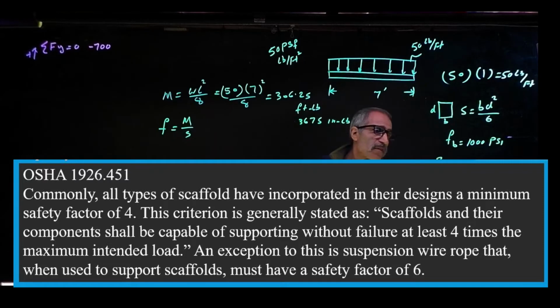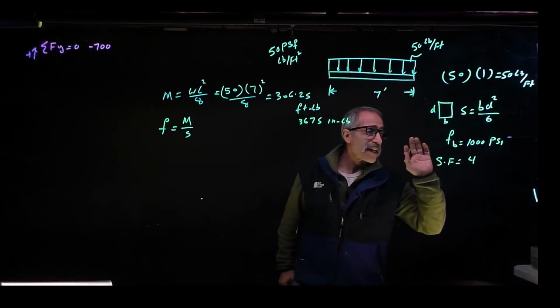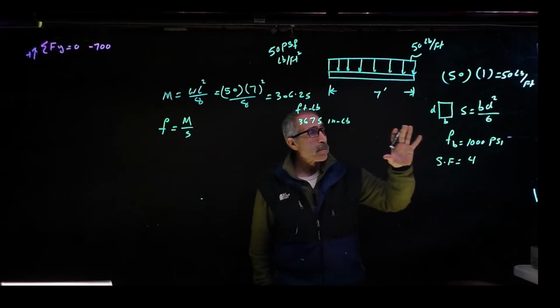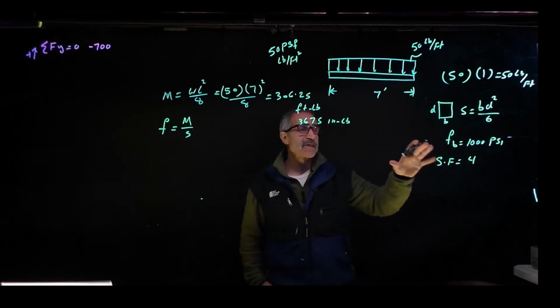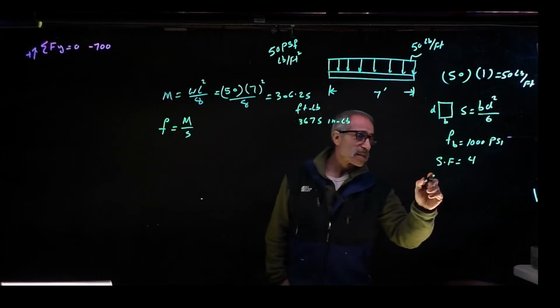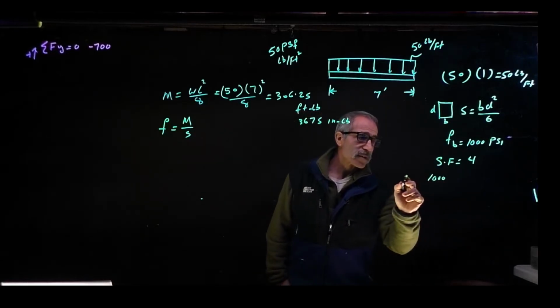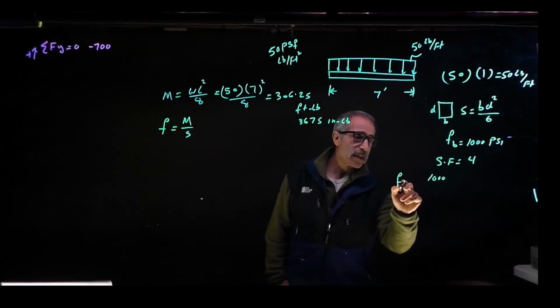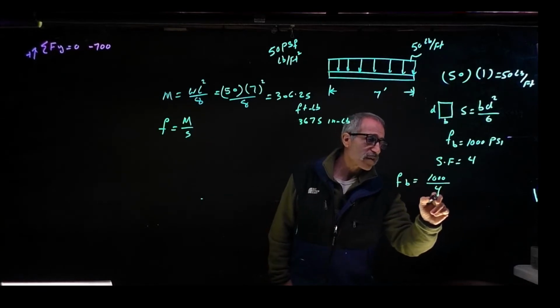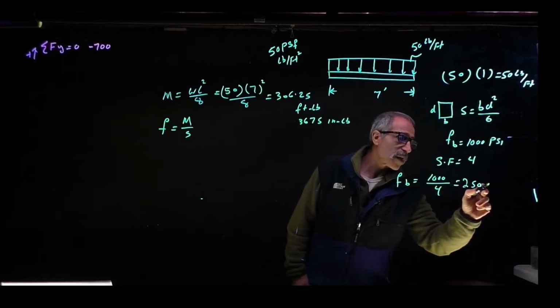So your safety factor, or FS, whatever they call it, is supposed to be 4. That means your bending stress capacity is going to reduce. Your Fb is going to come out to 1,000 divided by 4, which is 250 psi.